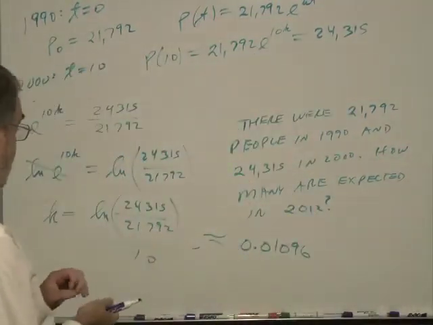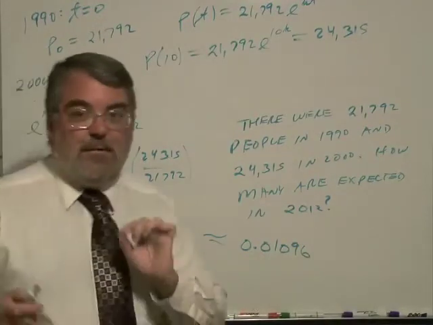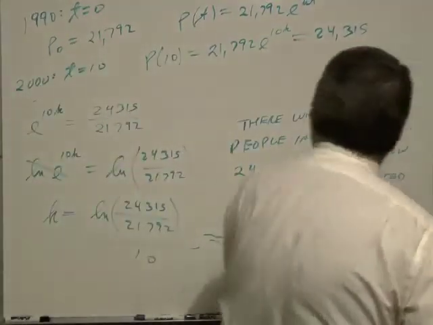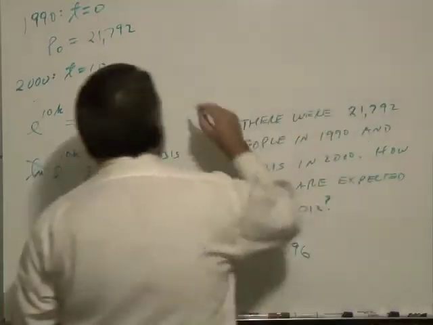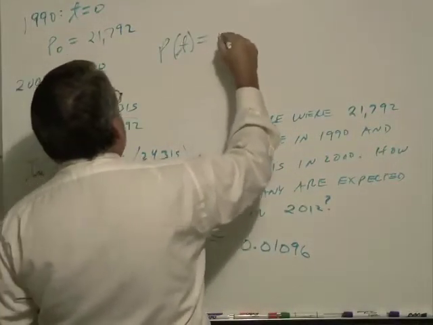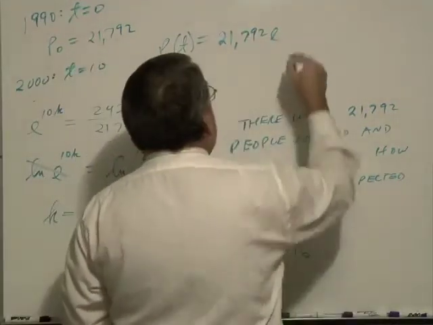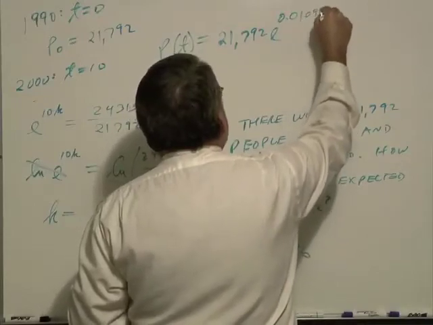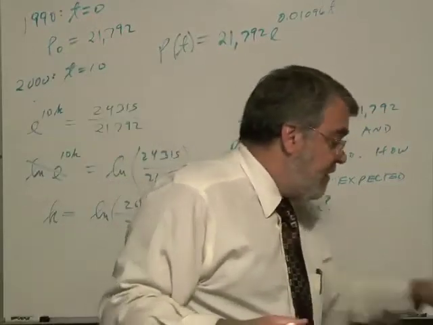Alright, so this was k, so I can now rewrite my growth function for this particular problem. P of t is 21,792 times e to the 0.01096 times t. Great.